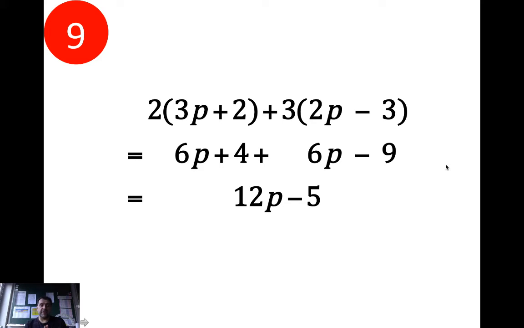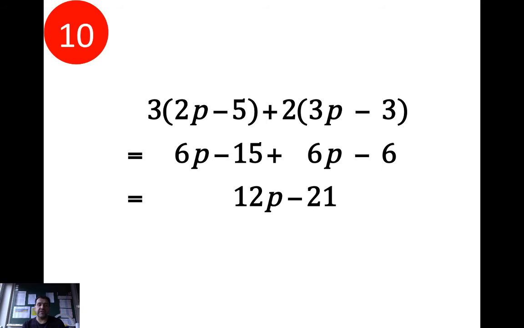Now we can simplify that because we've got terms of the same type which we can collect together. We've got a 6p here and another 6p here, so they go together to make 12p. And then we've got a 4 here and a minus 9 here, and they go together to make minus 5. So the final answer is 12p minus 5.